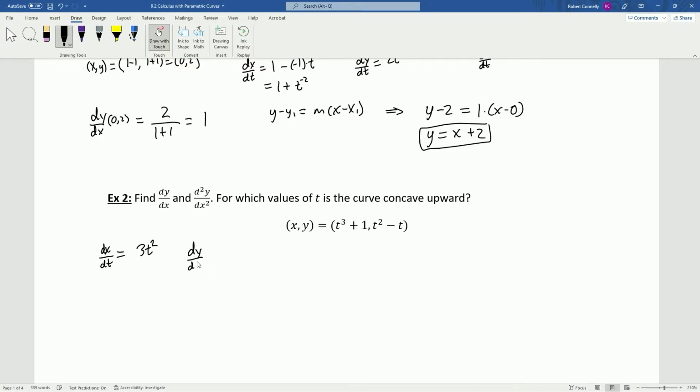And we'll need dy/dt. So that's just going to be 2t minus 1. So the derivative of y with respect to x is what we get from dividing dy/dt by dx/dt, which is (2t minus 1) over 3t squared.